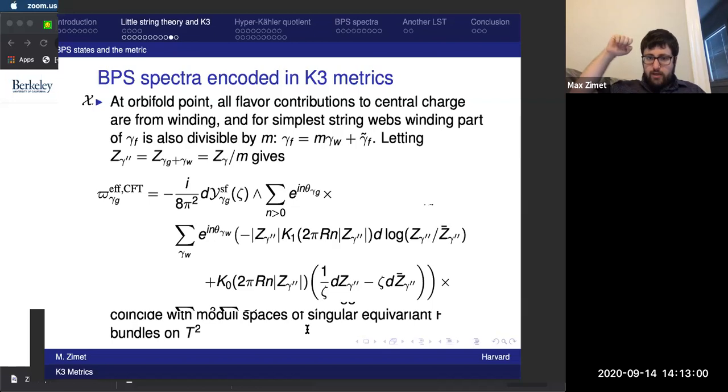You start with a metric and do the same thing Gross and Wilson did, but instead of your local model metric being the Ooguri-Vafa metric, it's some Higgs bundle metric, and then you can do the same thing. But that hasn't been done yet. I think Foscolo has done a similar thing for a different type of configuration, where the local model metric was ALF, not ALG like these guys.